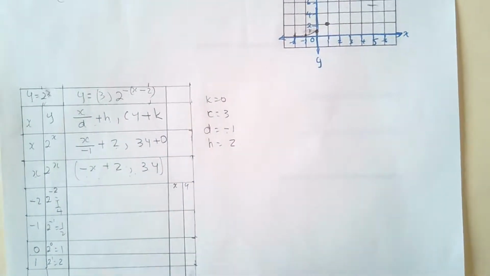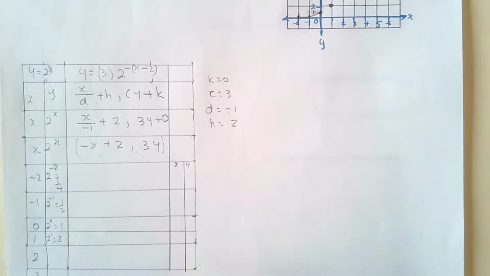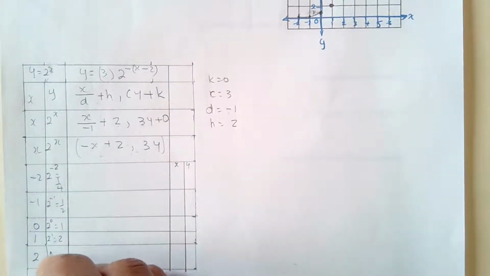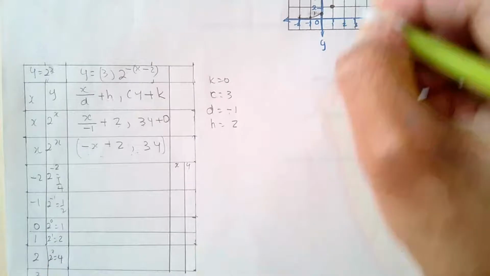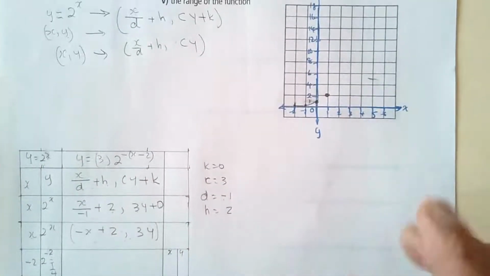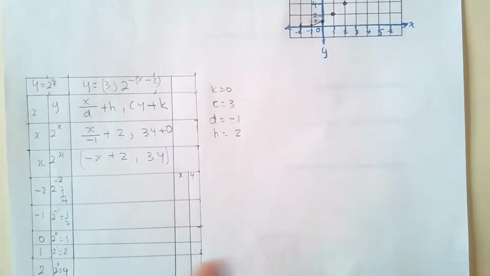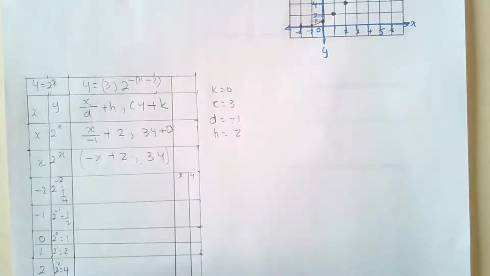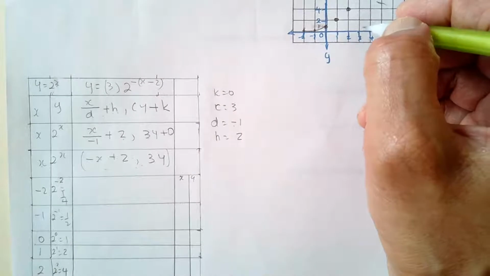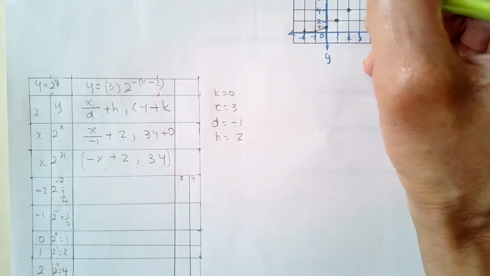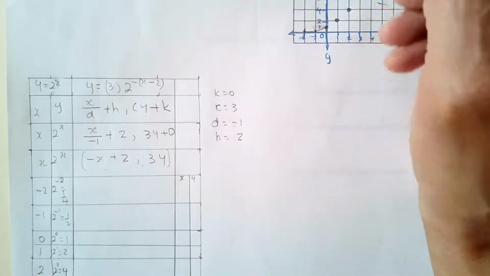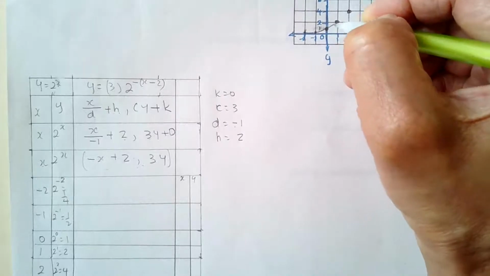Then we have 2 to the power 2, which is 4, so the point is 2, 4. Then 2 to the power 3 gives us 8, so x is 3, y is 8. So this is my graph.